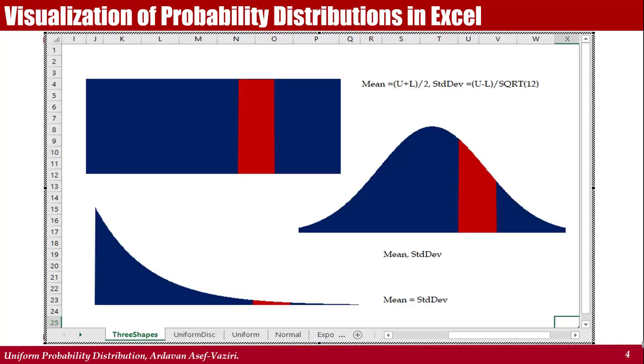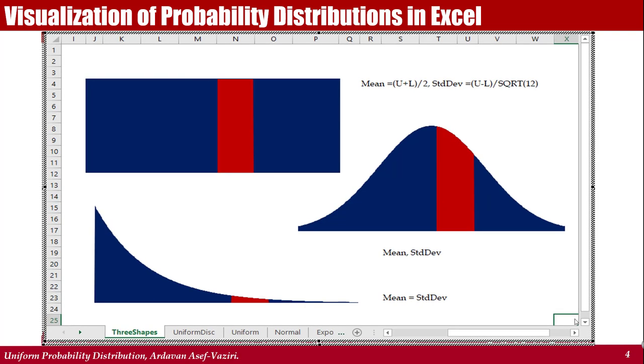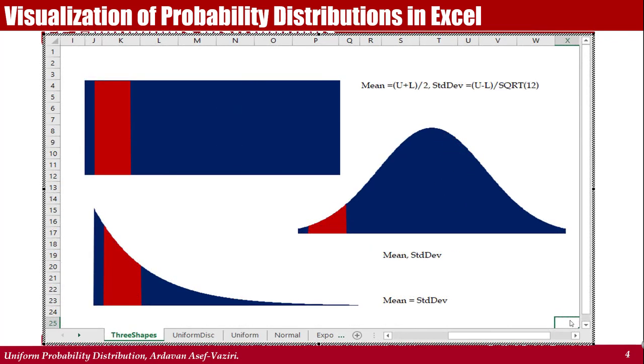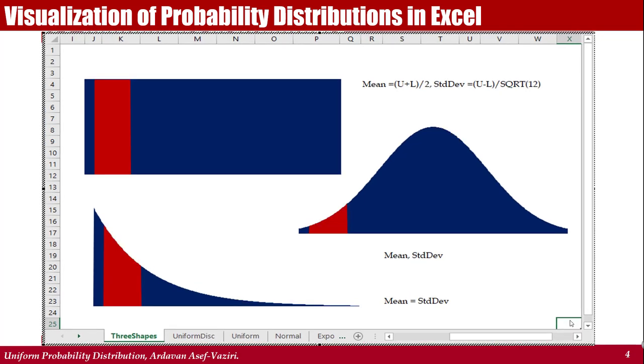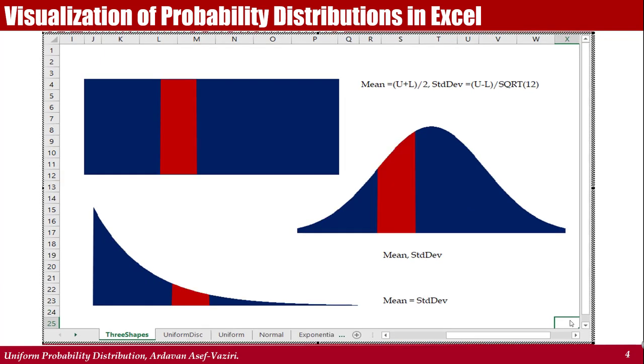We talk about 3 continuous distributions: uniform, normal, and exponential. In the normal distribution, the probabilities get smaller as we go away from the average. The probabilities of small numbers and large numbers are small.